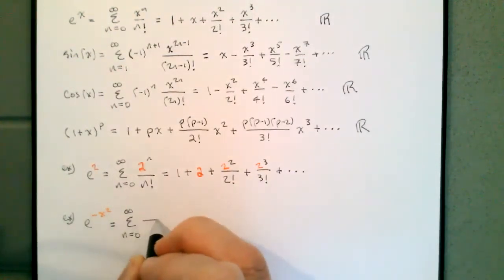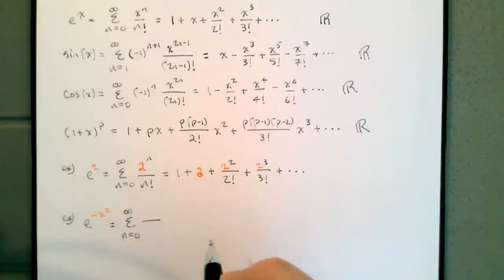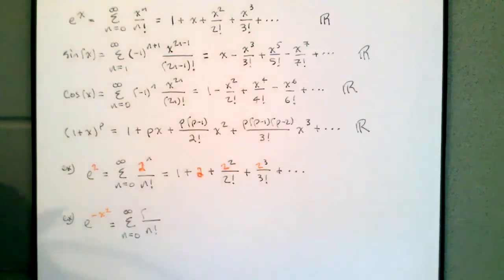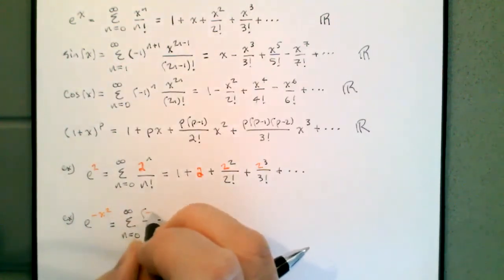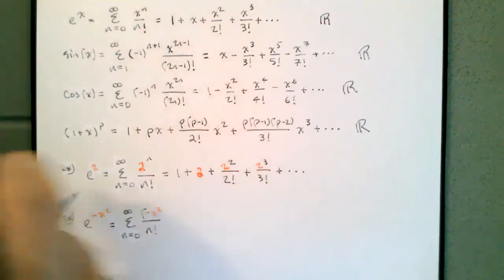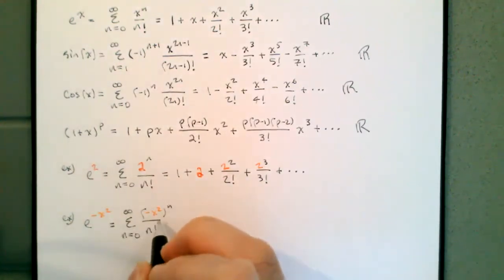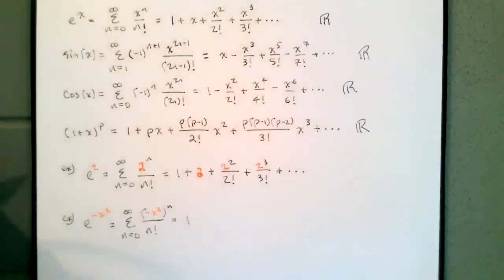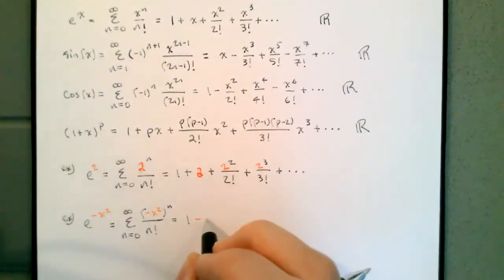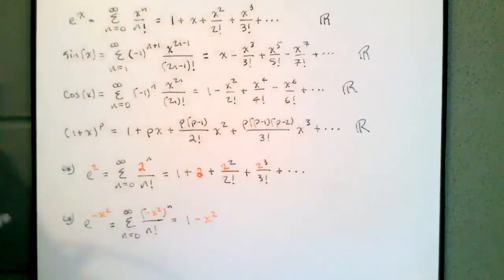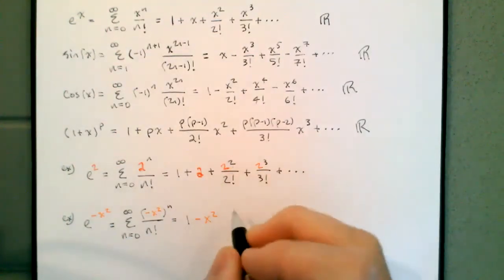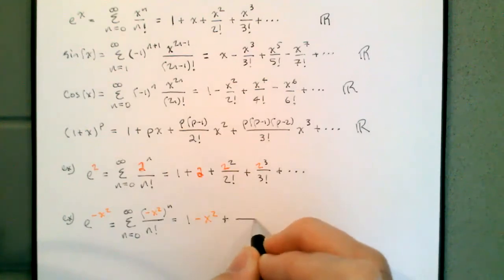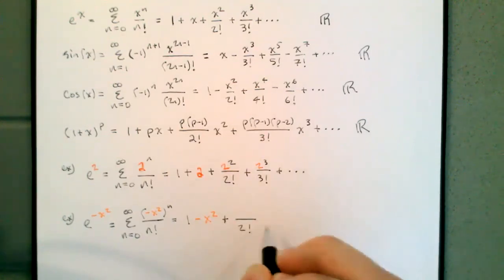Well, we can approximate it by replacing the x in x to the n over n factorial with a minus x squared. So we'll have a 1 and then minus x squared. Minus x squared, squared is going to be a plus x to the 4th, so plus x to the 4th over 2 factorial.